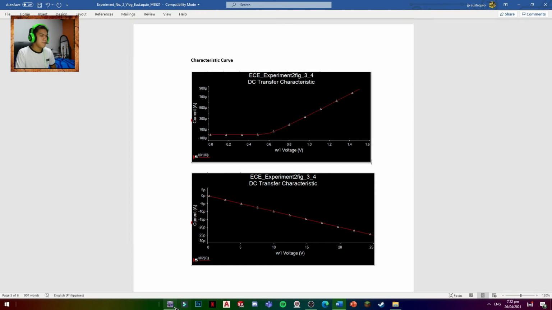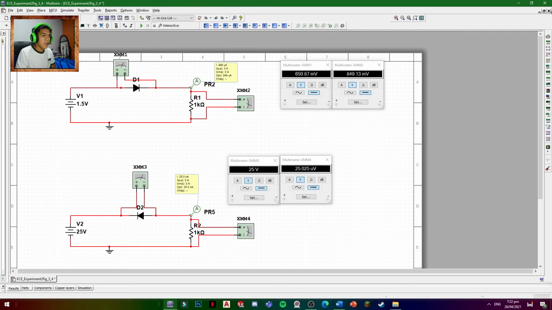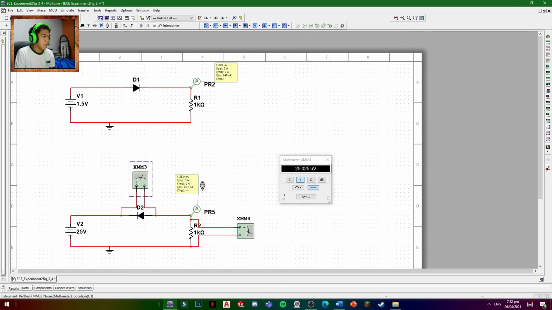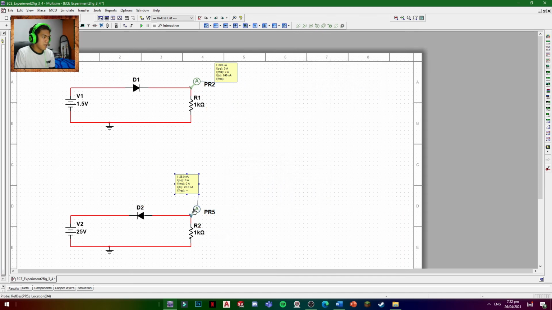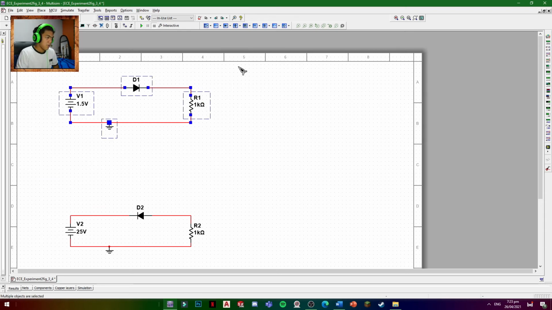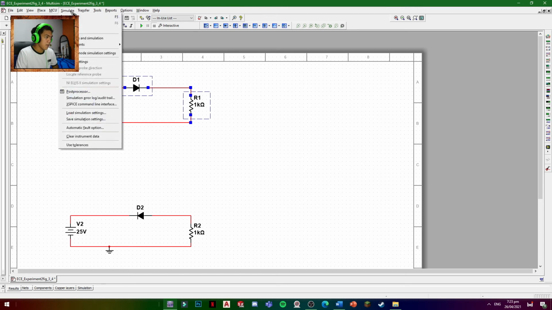So let's go to the multi-simulator. First I'm going to delete the multitesters, the ammeters. The first thing that I did is to highlight the figure 3, then click simulate.